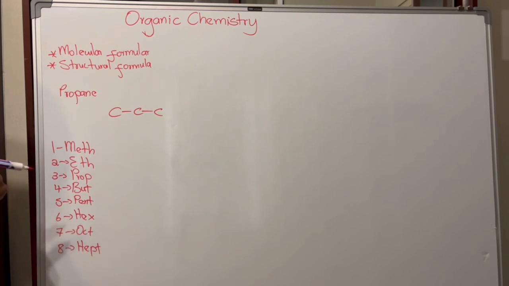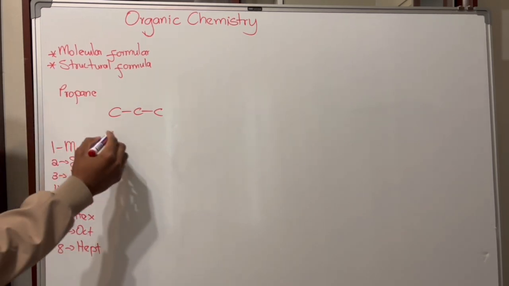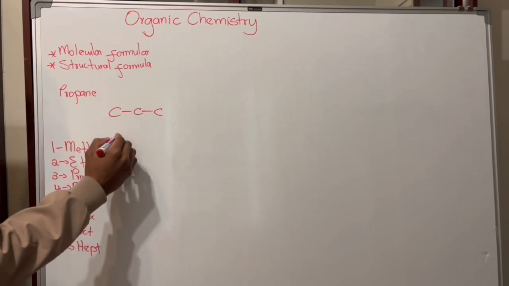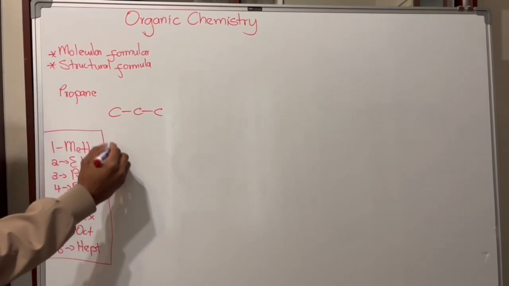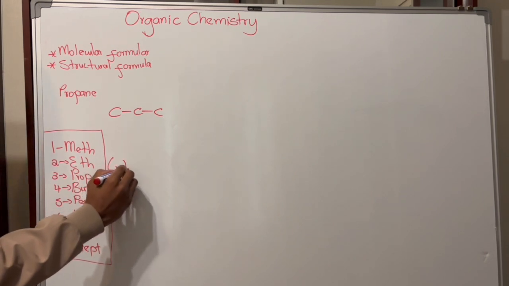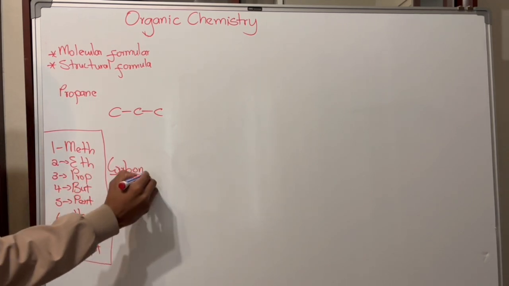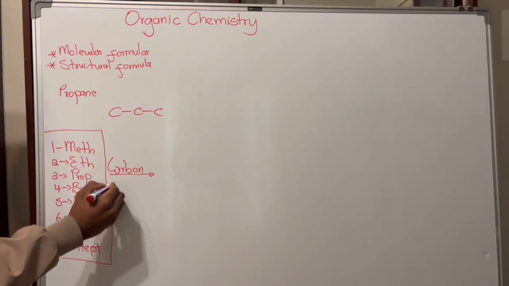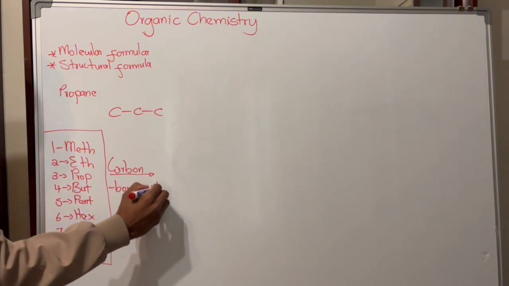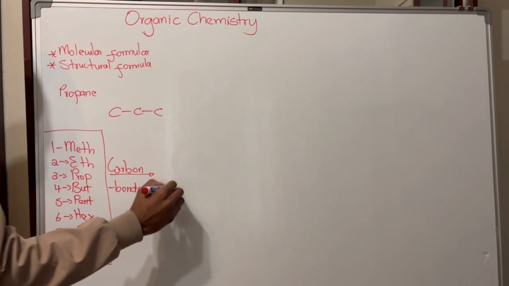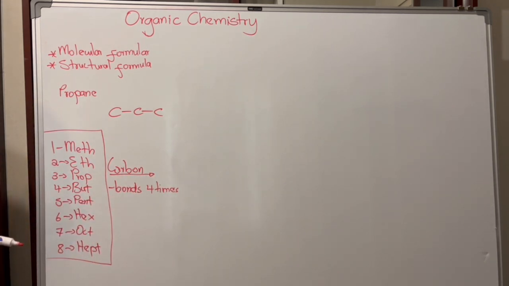Then another property you need to know about carbon is that carbon bonds how many times? 4 times, right? Because it has a valency of 4. That's from your periodic table, but we won't go there.